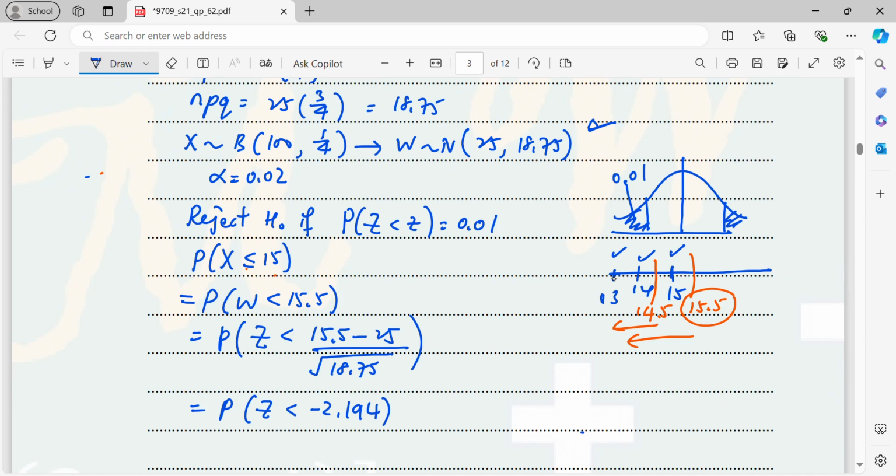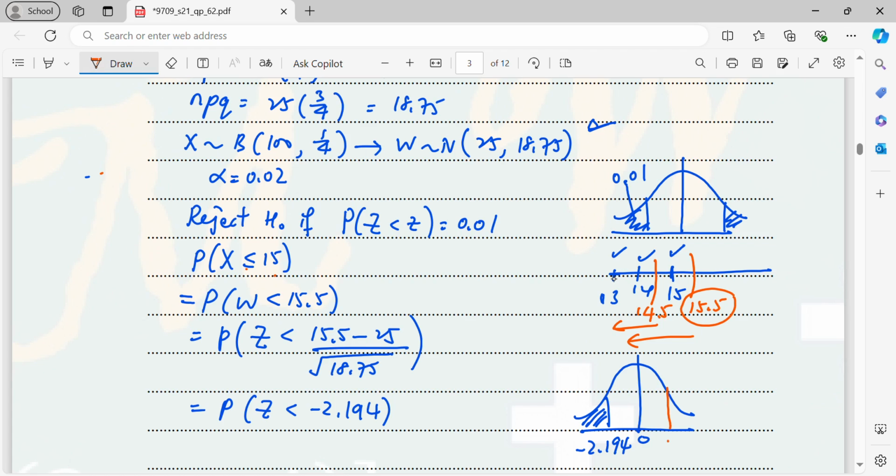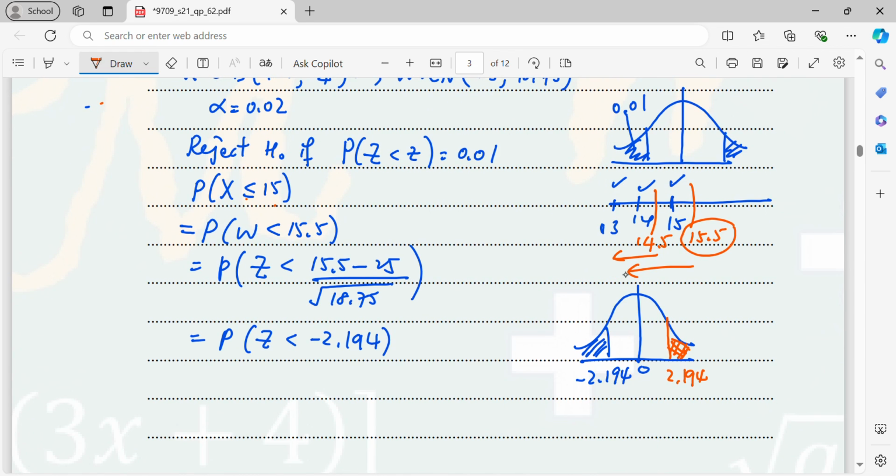When less than negative 2.194, I draw another graph. Here is negative 2.194. To get the probability, I will reflect to be positive, and this will be the same probability. So to get the orange region, the total probability is 1 minus P(Z less than 2.194).